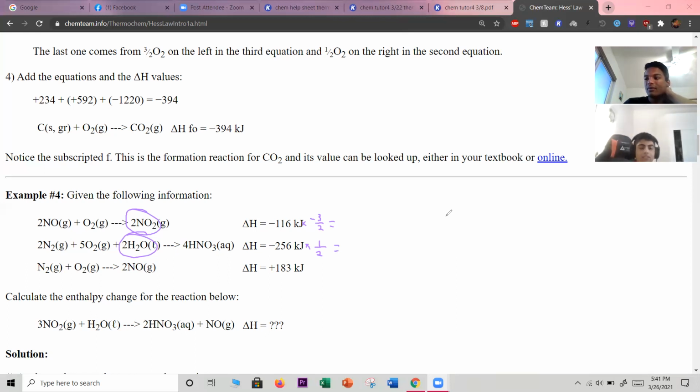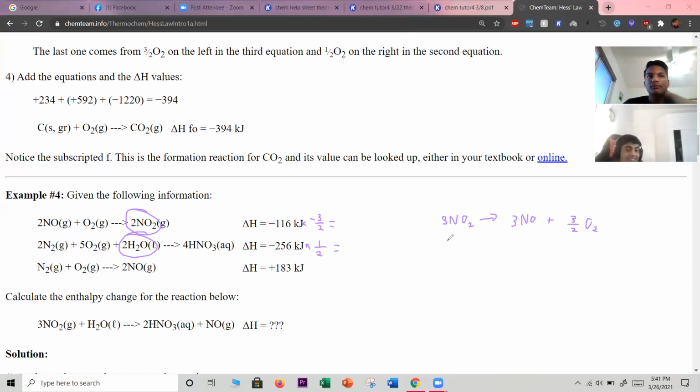So the first would be 3 NO2 equals 3 NO plus 3 over 2 O2. Perfect. Good job.